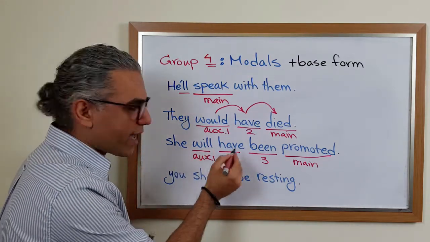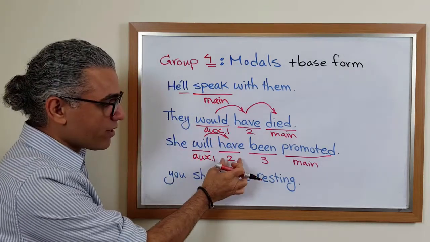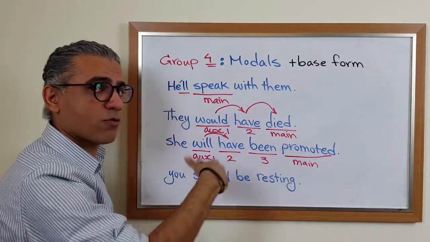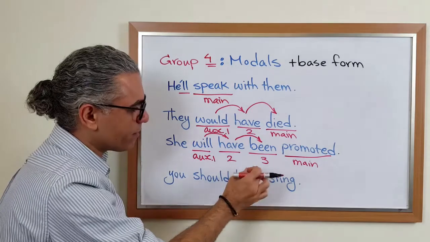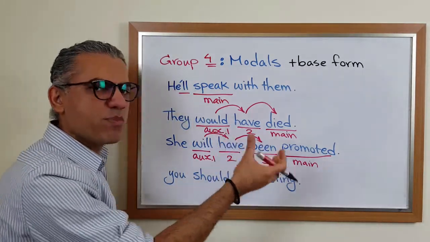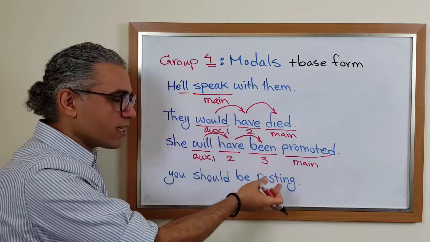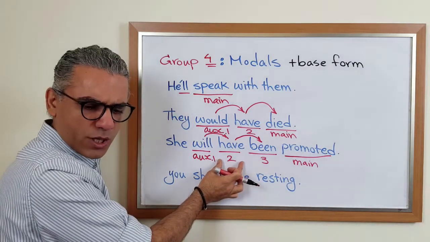Will is followed by have, and because will is a modal verb, the following verb must be in base form. So have is in base form, and have is our next auxiliary verb, and it determines the form of the following verb. The following verb is still another auxiliary verb, but it is be. What is the form of this? Because the auxiliary verb that comes before it is have, is group 3.